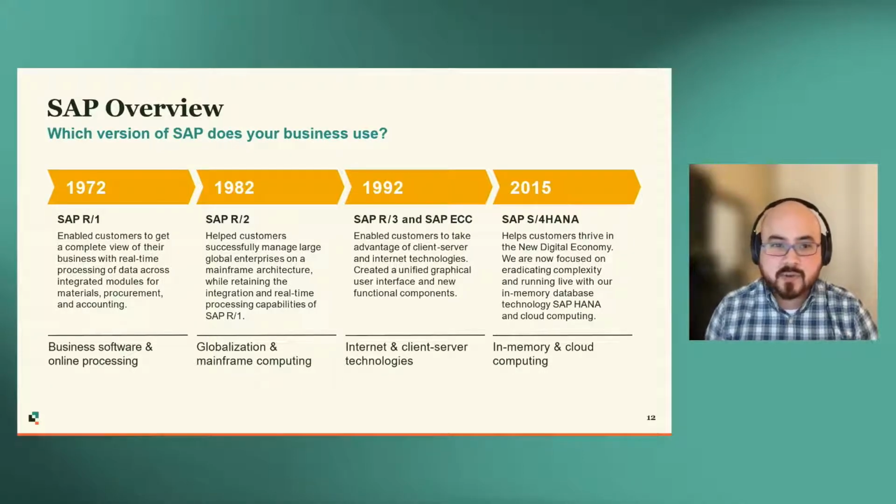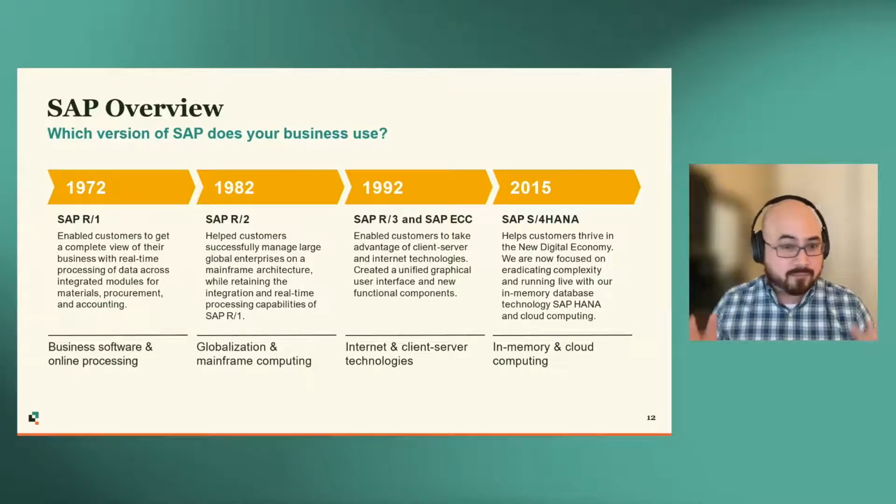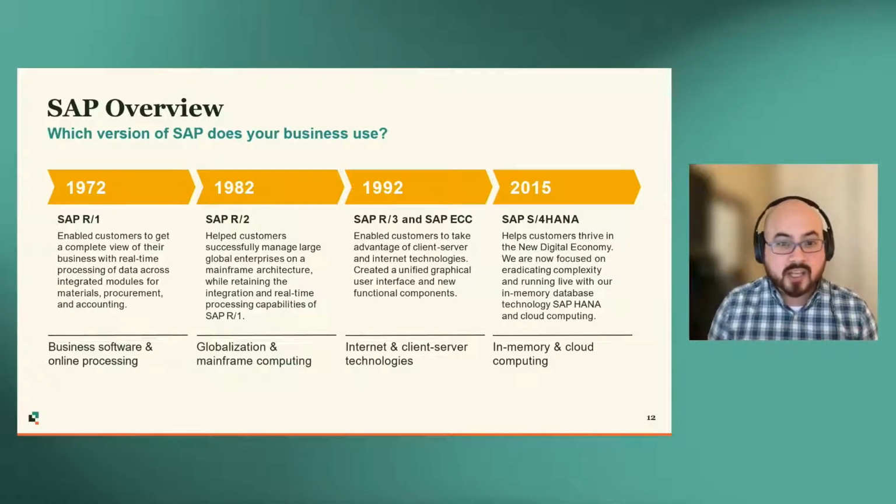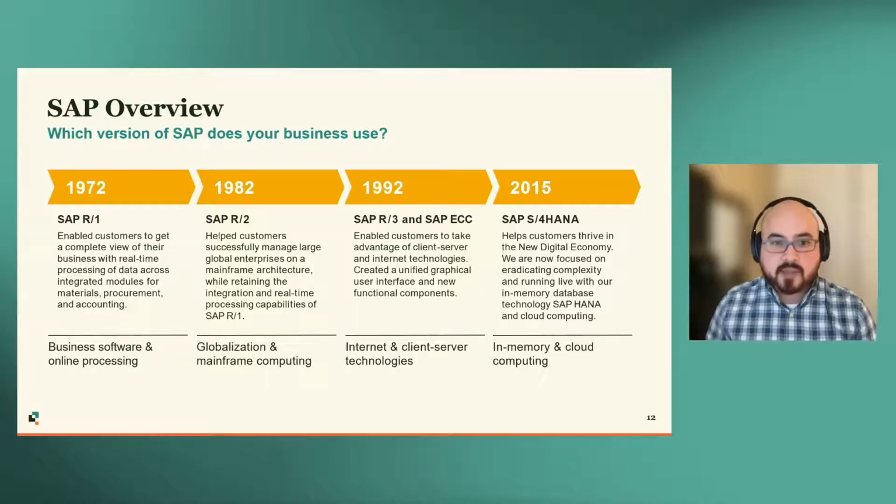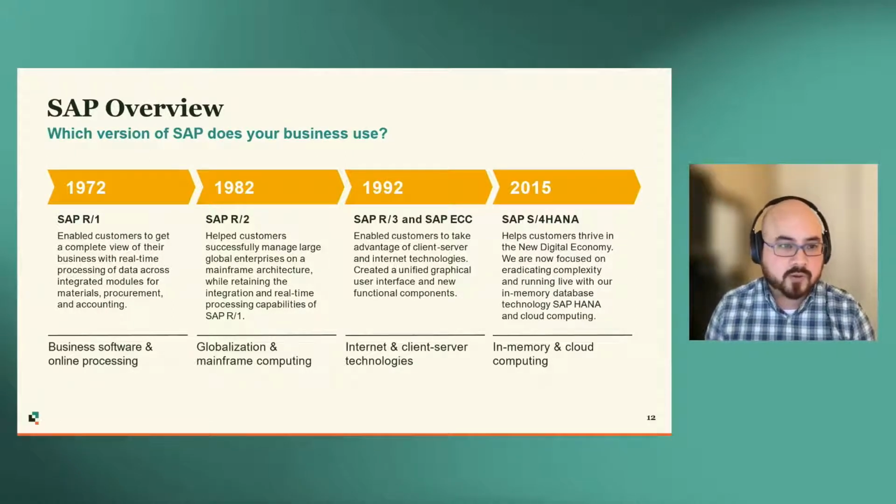Doesn't mean that these tools aren't still out there in the ecosystem, creating value, and running really well. But of course, which one your organization is currently using will dramatically impact your integration options and strategy. So it's important to start by figuring out what version of SAP you are on.